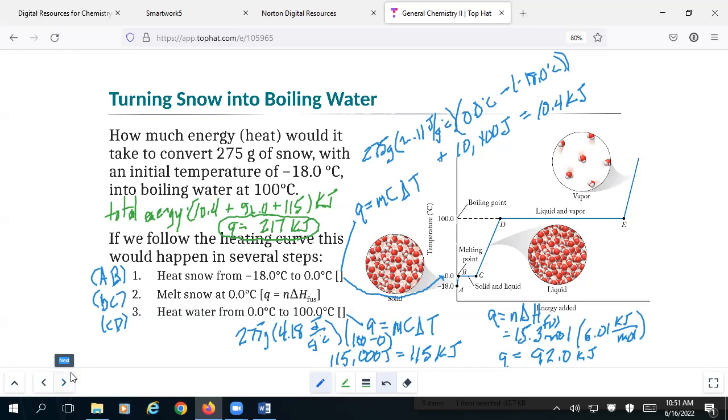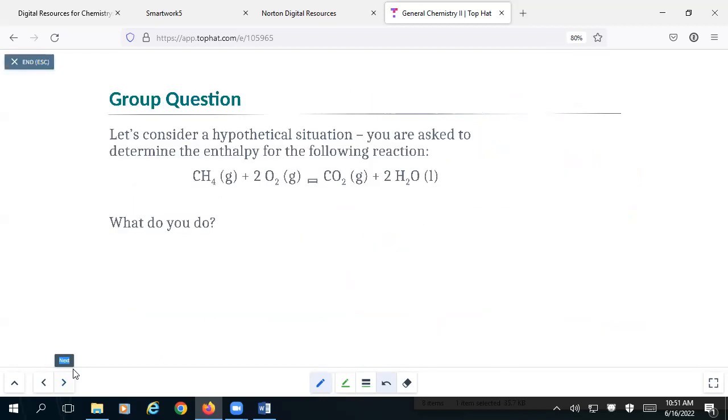All right, any questions about these two types of calculations? All right, so let me ask you this question then. Let's say we were looking at the combustion of methane.